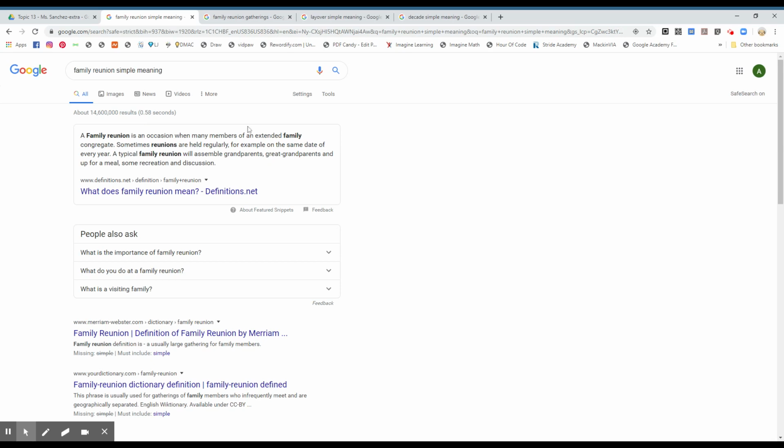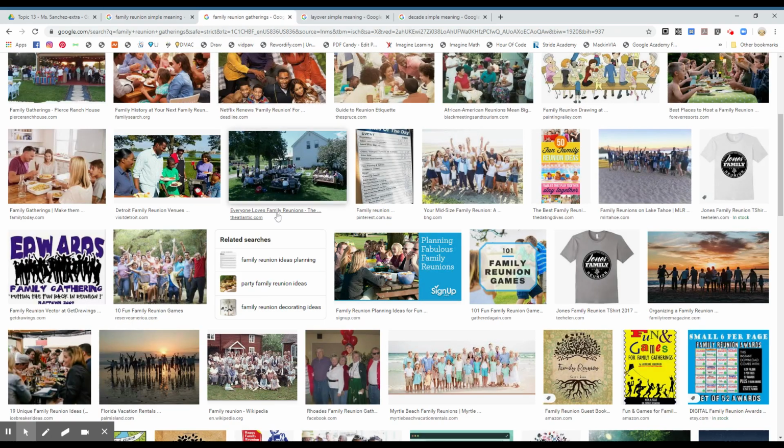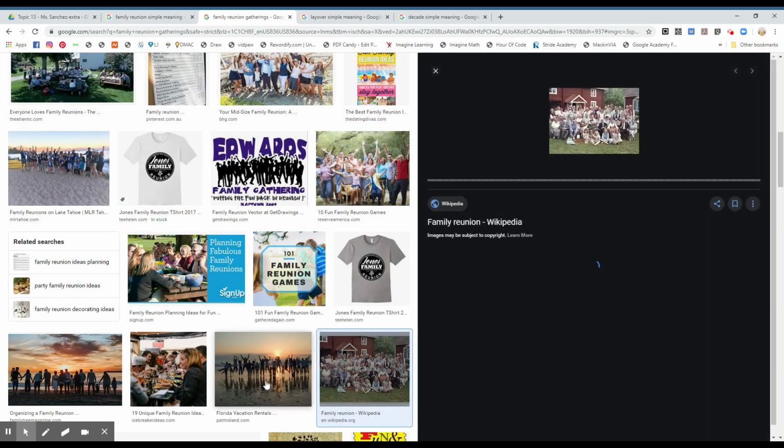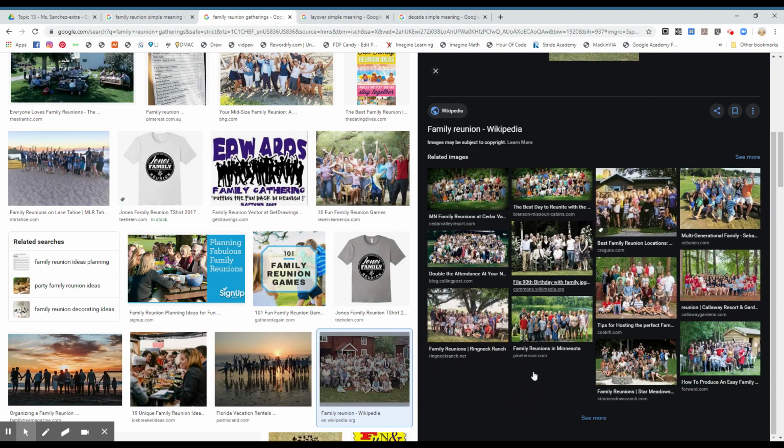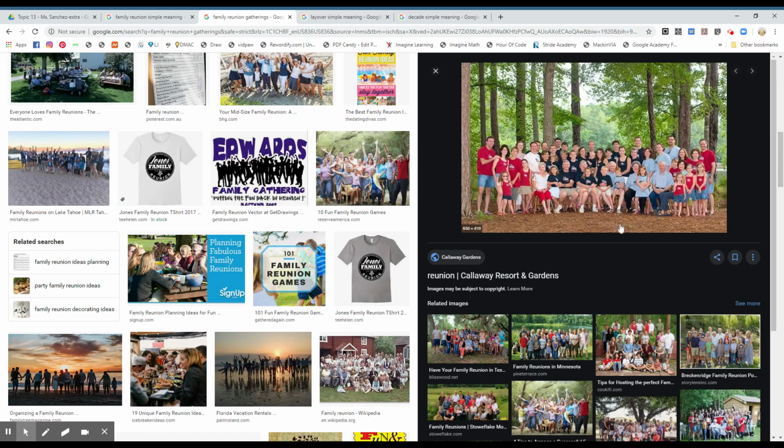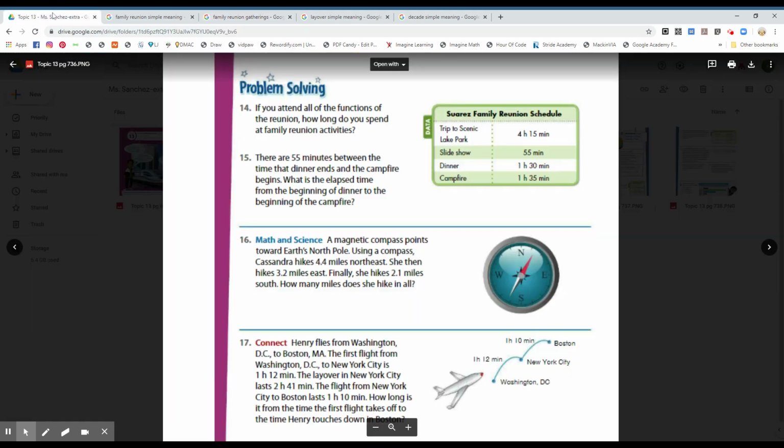So it's kind of like a big party, boys and girls, for all your family members, grandparents, great-grandparents, cousins, aunts, and uncles. And this is what they look like. When all the family gets together, sometimes they even have the same t-shirts, the same colors, and they just get together and celebrate and have a good time. That's a family reunion, boys and girls.